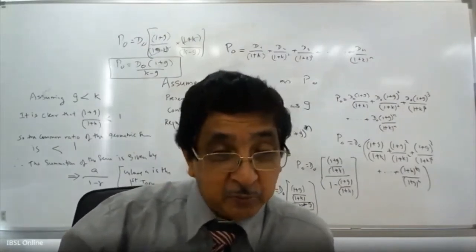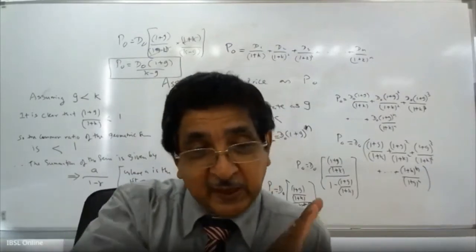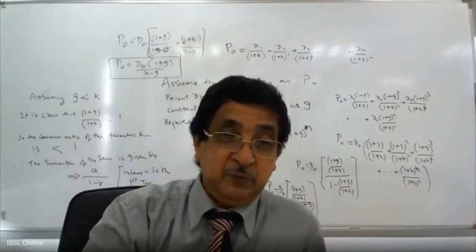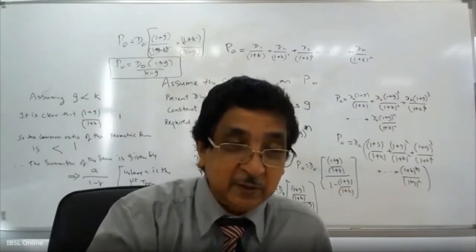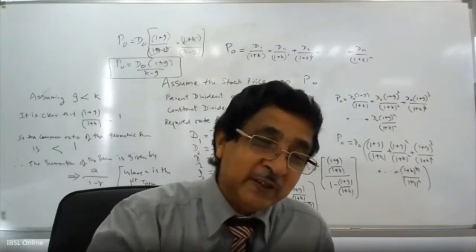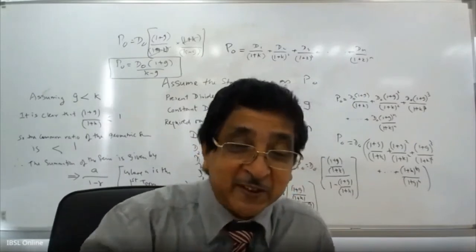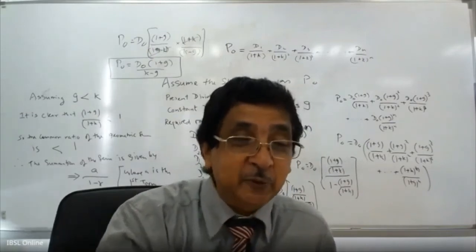You don't need to derive it, but you need to have some idea. I think this idea is enough for you. Now you know why we have done it. You don't need to memorize the formula of geometric series summation or whatever. It's not necessary. But you need to see how we have arrived at this.